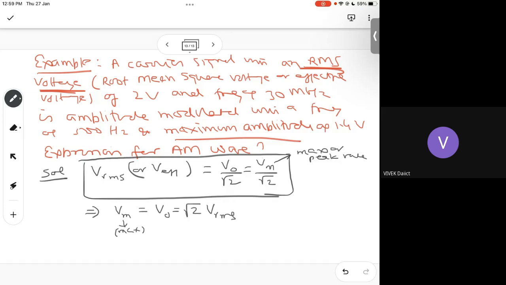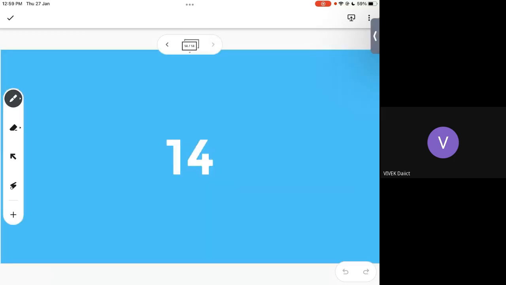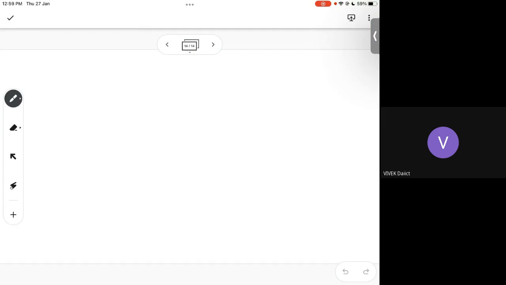Okay, so that is the expression we have to use. So for this carrier, which has got a voltage of 2 volt, for carrier already given FC is given as 30 megahertz.